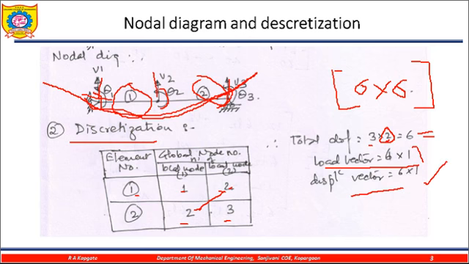Then at point 1 there is a moment as well, that is P1 L1 square divided by 12, into the moment. Here this is the force vector. Again at node 2, that is PL by 2, then the direction, minus 2000.